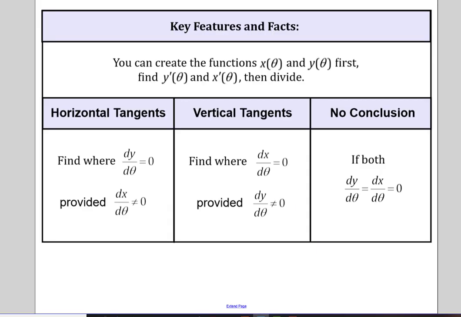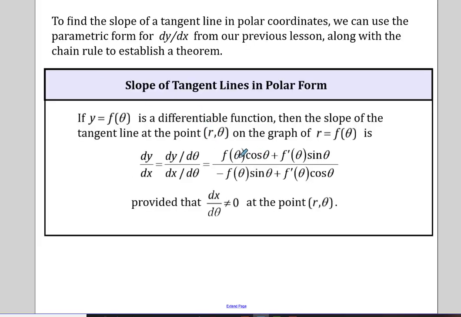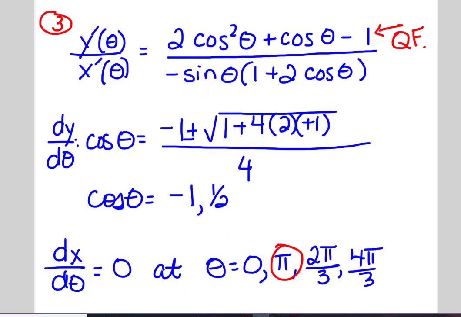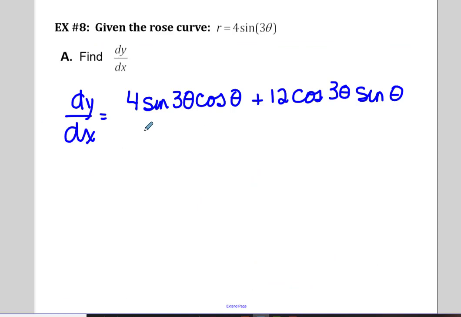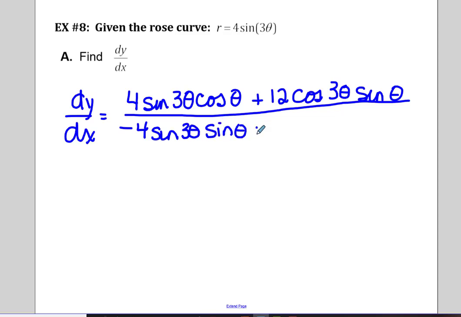We're creating this formula and this formula. Then our dx is going to be negative 4 sine 3 theta times sine theta plus 4 times 3, that's 12 cosine 3 theta times cosine theta, because I'm taking the derivative here.